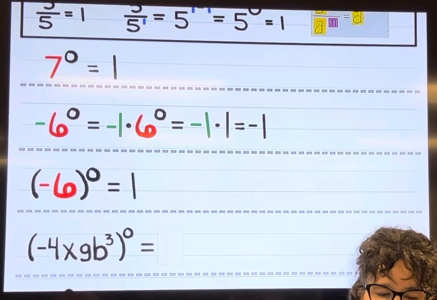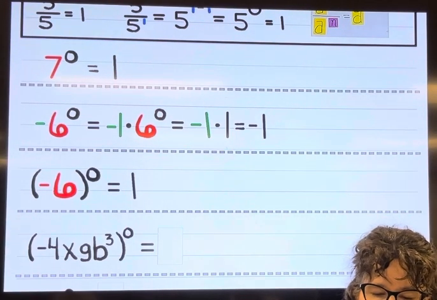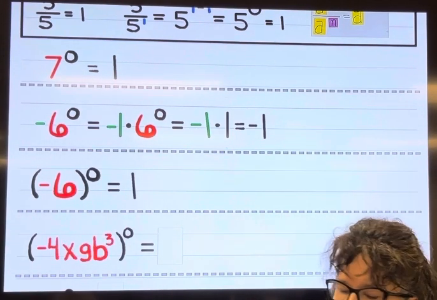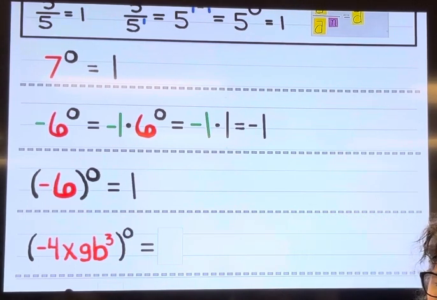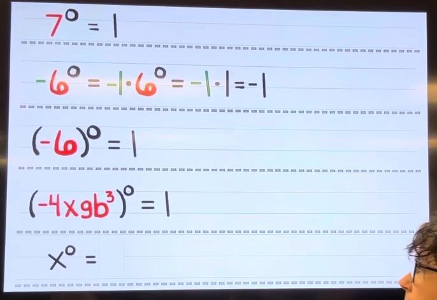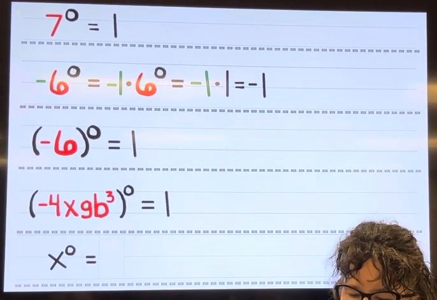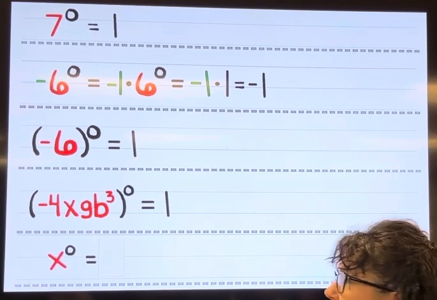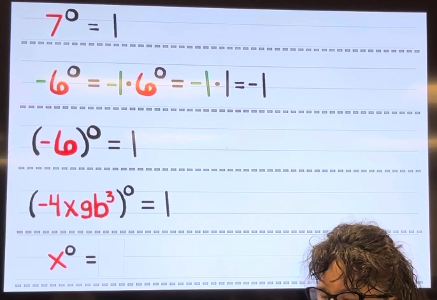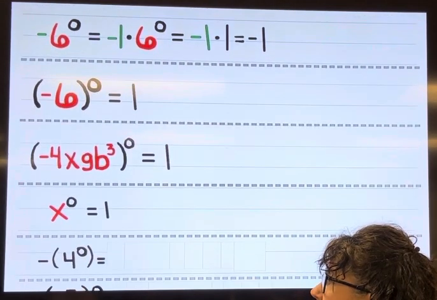It's like, holy cow, this looks like a lot. But everything in the parentheses is raised to the 0 power. So this one equals 1. And then here, x to the 0, that x is to the 0 power, so that equals 1.